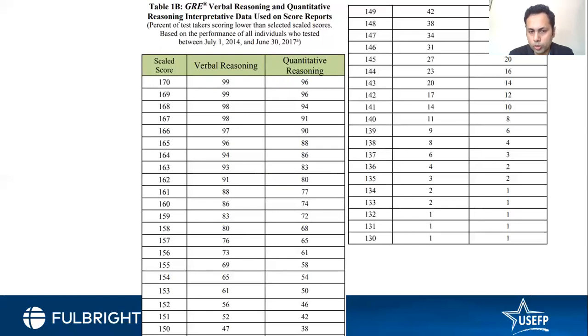If you look at the verbal, if you have 150, you are better than 47% people, and if you score 153 over here, you are better than 61% people. So your percentile is important in GRE. As you can see, the scale of GRE is not linear.